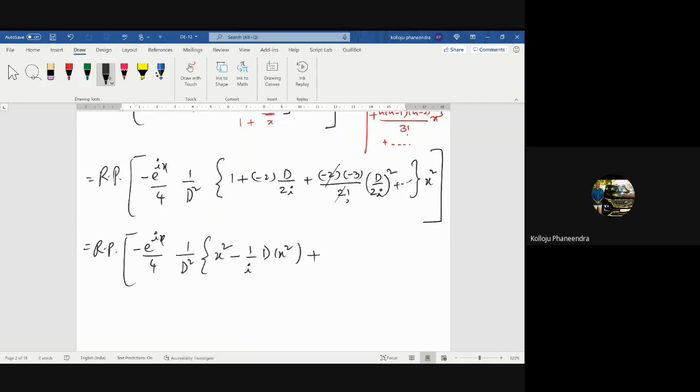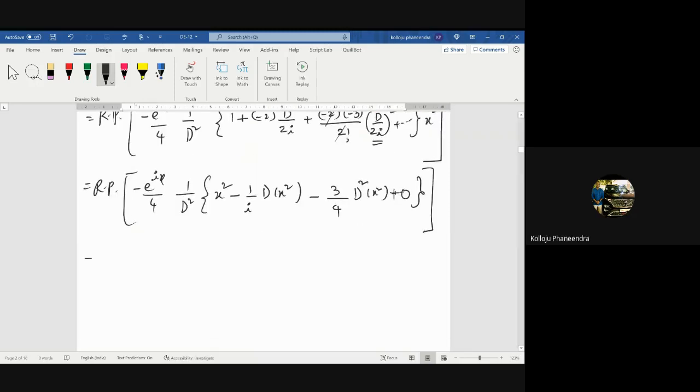That means 4i. 3 by 4 i square means what? Negative, here i square means negative. 3 by 4, and D square of x square you will get. That's it. Remaining terms are zeros, no need to write. Remaining derivatives of x square are zeros, and whole bracket closed.